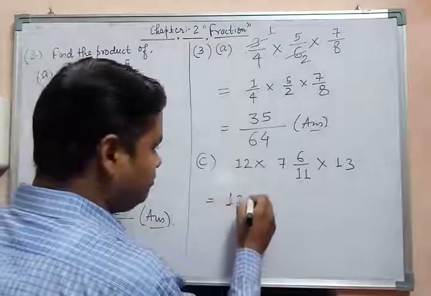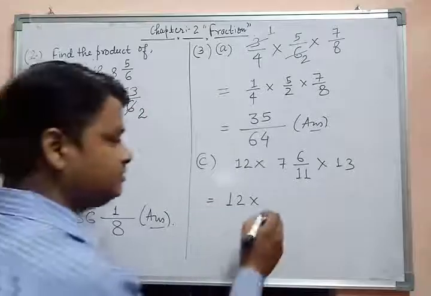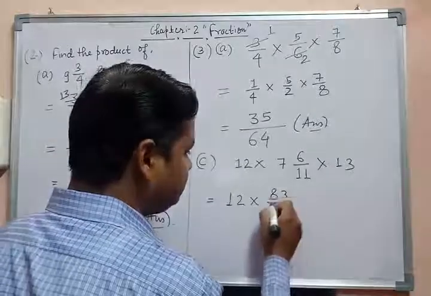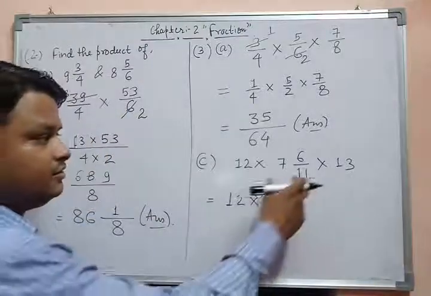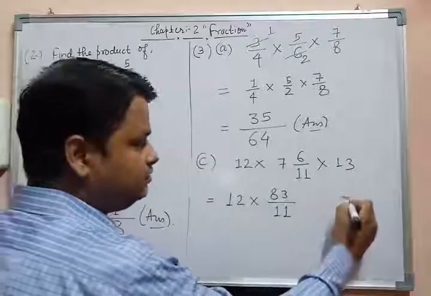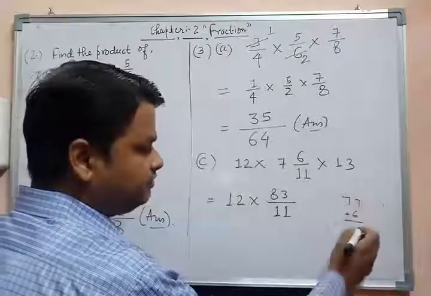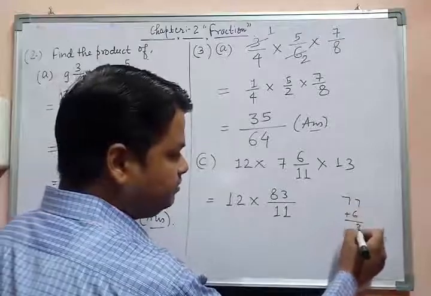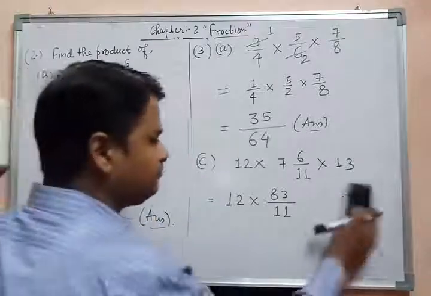Then 11 sevens are 77, 77 plus 6 is 83 upon 11. So 11 sevens are 77, and you have to add 6 to 77, then we will get 13, 1 carry, and then we will get 83.